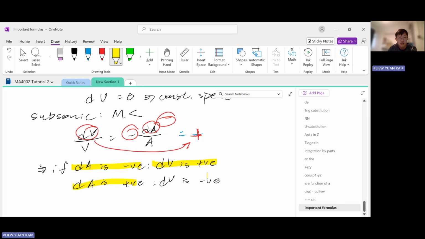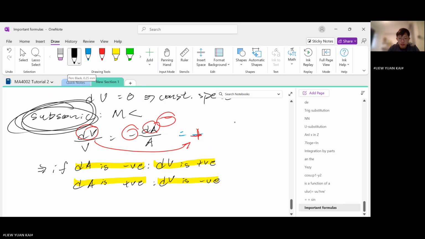What does this mean qualitatively? The first line means when the cross-section area decreases, velocity increases. The second line says when cross-section area increases, the velocity decreases. This makes sense, right? At least from an intuitive standpoint. For subsonic flow, so remember this is for subsonic flow, as the cross-section area decreases, we expect that the gas moves faster.